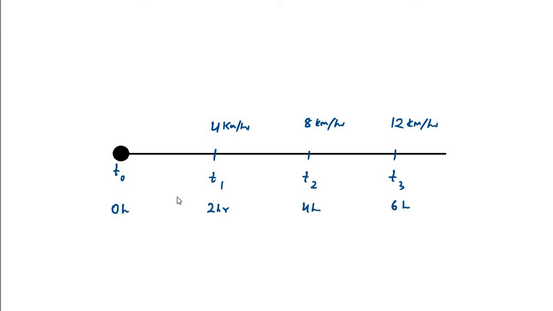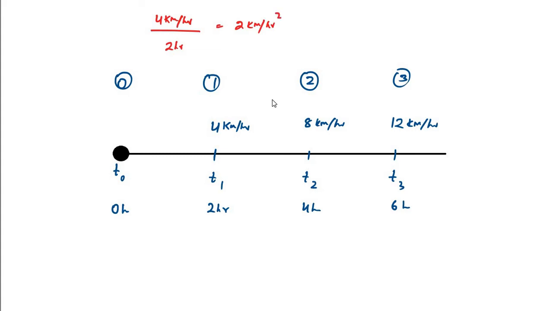So in this time slot from 0 to 1, okay, this is 0, this is 1, this is 2, this is 3, the change in velocity is 4 kilometer per hour, and the time taken is from 0 to 2 hours. So it will be 2 kilometer per hour square.